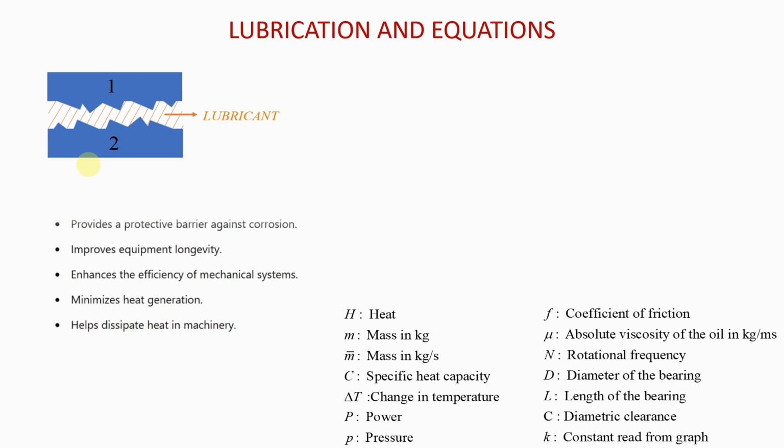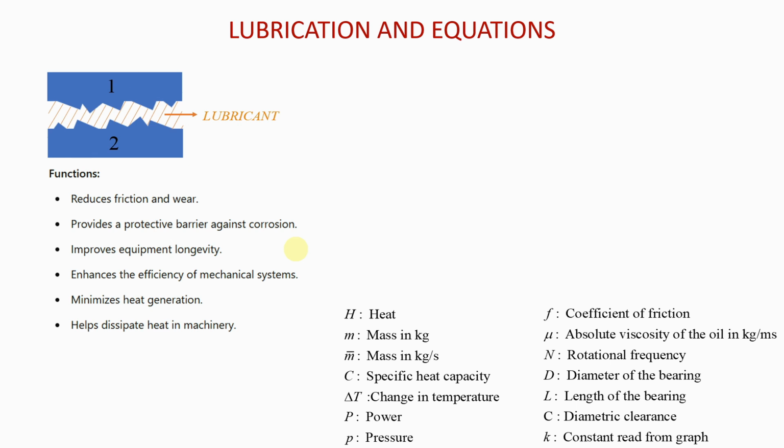And the function of the lubricant is to reduce the friction between the 2 surfaces. And by reducing friction, the surfaces are not going to wear off very quickly, okay? That is the first function of a lubricant. The second function is to provide a protective barrier against corrosion, okay?